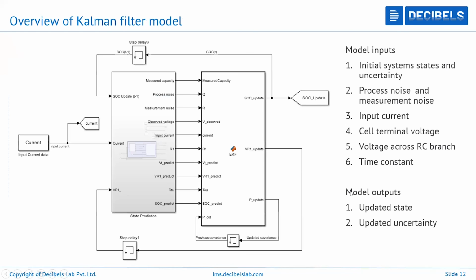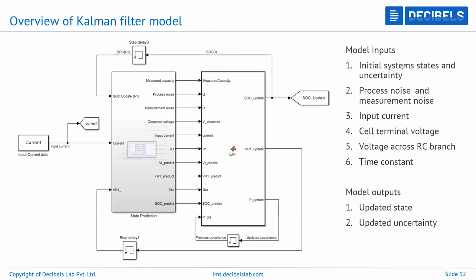Here you can see the overview of the Kalman filter. This is the model that has been developed here at Decibels Lab. Here we have considered the different inputs to the model and the outputs of the model, starting with the same type of initialization values that have been discussed before.